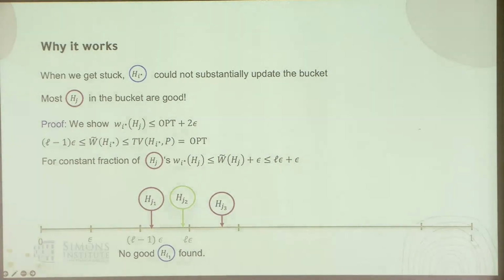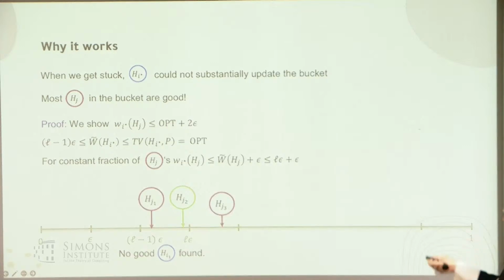And the best hypothesis was not a good updating hypothesis. It could not update many of the hypotheses in the bucket. And this is the only thing that I'm going to use here. This would imply that those hypotheses that we couldn't move are actually good hypotheses, meaning that they are satisfying the 3-opt guarantee that I was looking for.